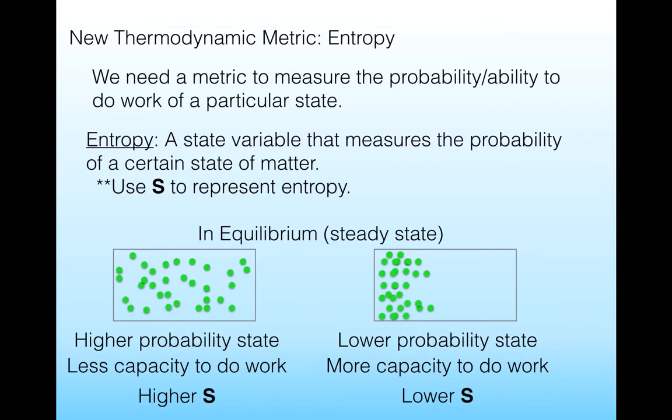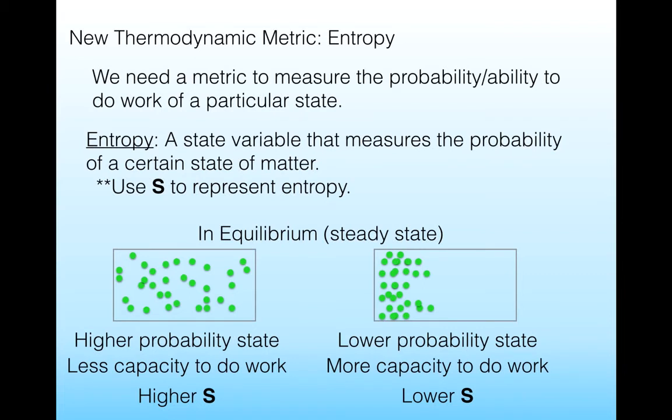In particular, there are many more states that look like the one on the left than there are that look like the one on the right, where the particles are evenly distributed. And this entropy is going to measure how many different states look like that one on the left versus the one on the right. And so we're going to use this entropy to measure this probability.